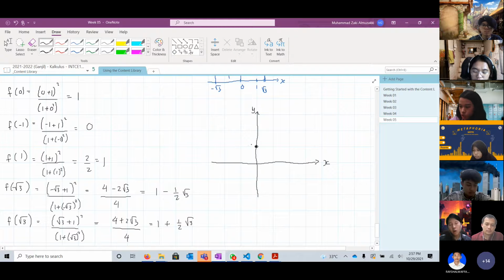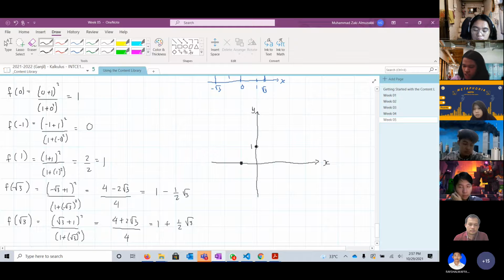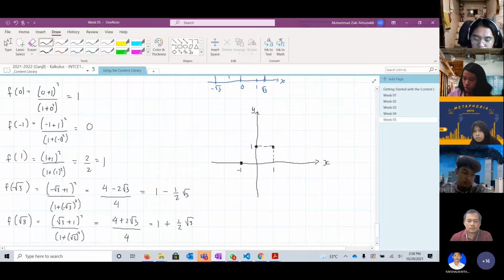Here is 1. f of minus 1 is 0 here. f of 1 is 1. And f of minus square root of 3 is 1 minus half of square root of 3.